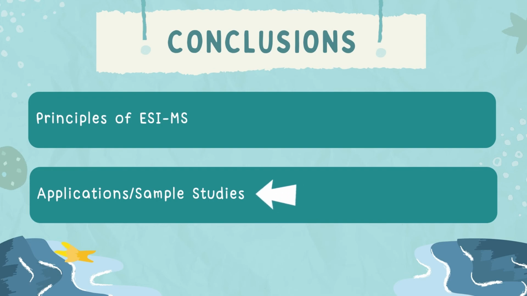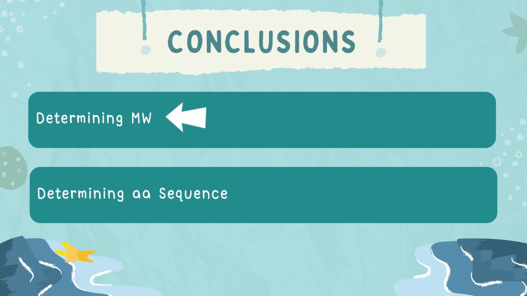Other than protein detection, ESI-MS can also be used to detect and analyze inorganic materials and even oligonucleotides. The report also showed how to analyze the data generated from an ESI-MS analysis to obtain the mass of a peptide. And lastly, we were also able to show how to determine the sequence of a given peptide given the mass-to-charge ratio values of the peaks.